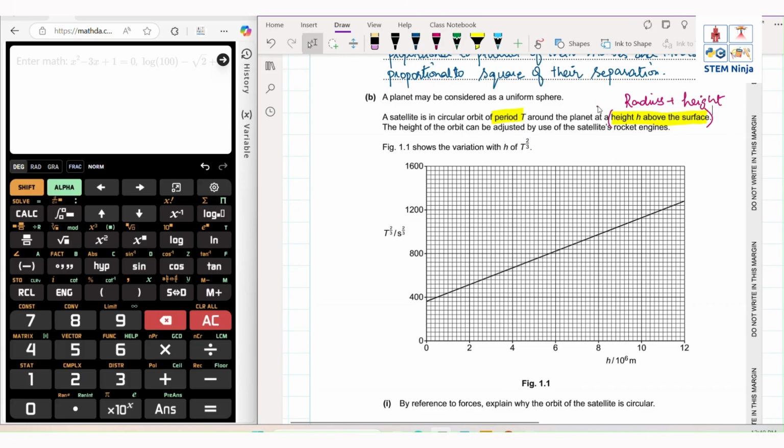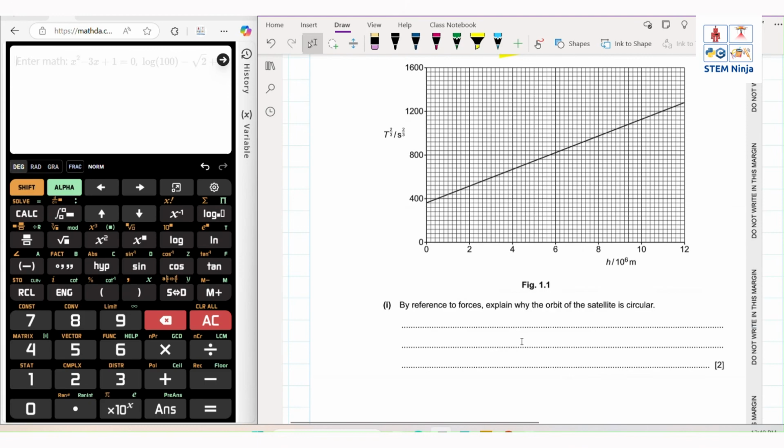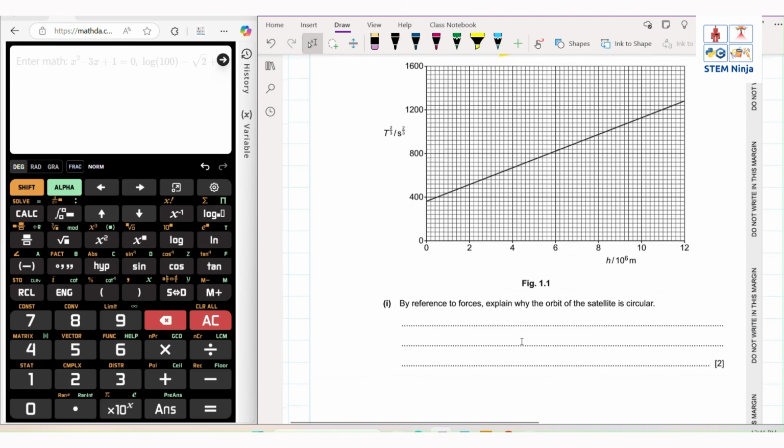That means that the small r that we use in GM/r squared is the radius of the planet plus height h. Figure 1.1 shows the variation of h with T raised to power 2/3. By reference to forces, explain why the orbit of the satellite is circular.